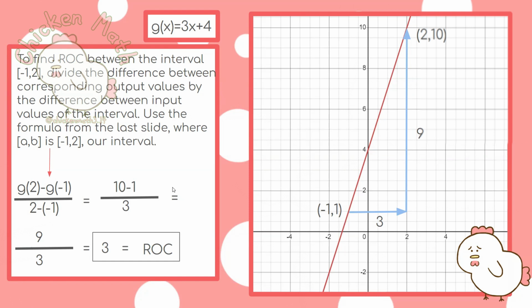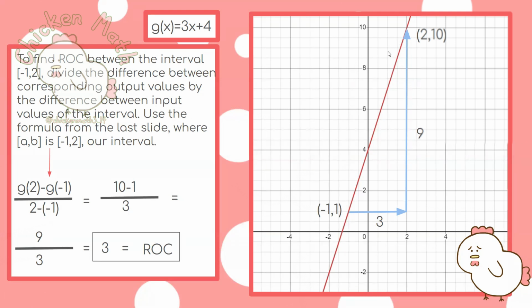So we'll do 10 minus g of -1, which is 1. So we'll do 10 minus 1 over 2 minus -1, since those were our input values. And then we'll end up with 9 over 3, so 3 will be our rate of change.